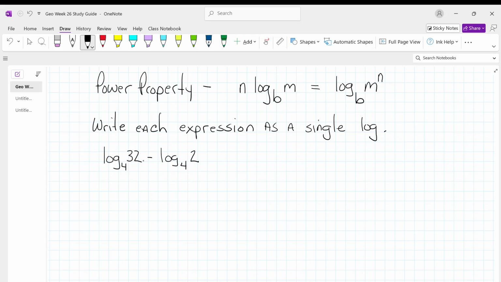All right, this is where we can apply the quotient property. This would give us log 4 of 32 divided by 2, which would be log 4 of 16. And log 4 of 16 can be simplified because 4 squared equals 16. So log 4 of 16 is just equal to 2. And there's your simplest form.